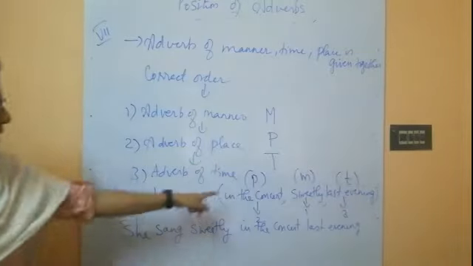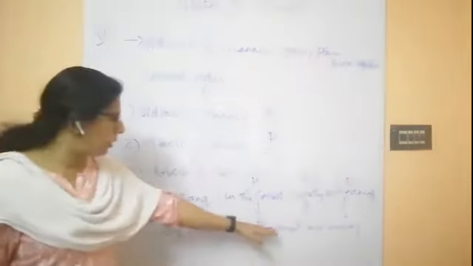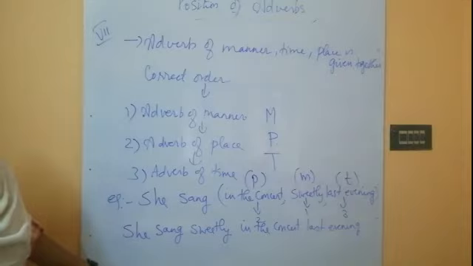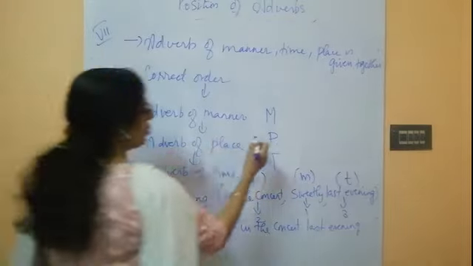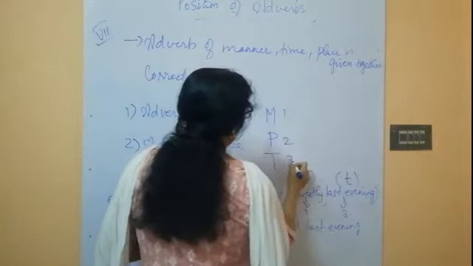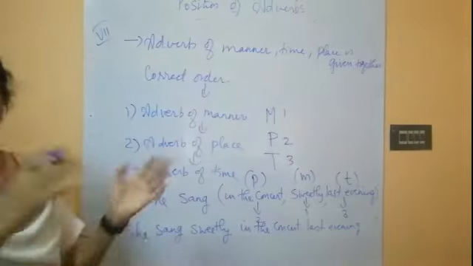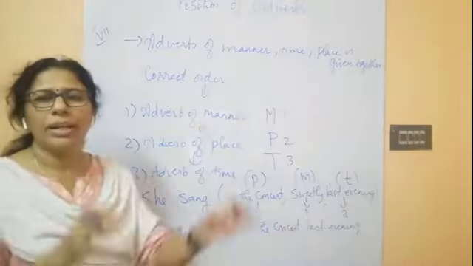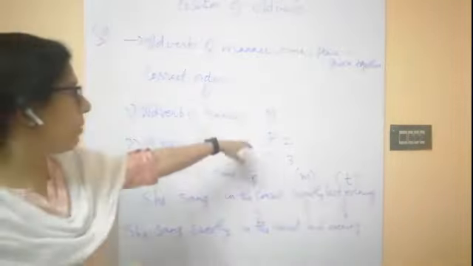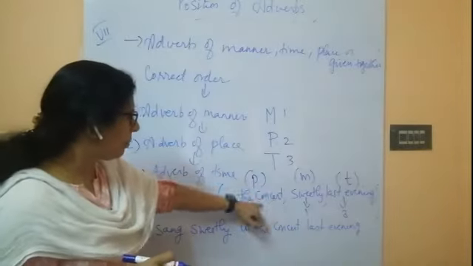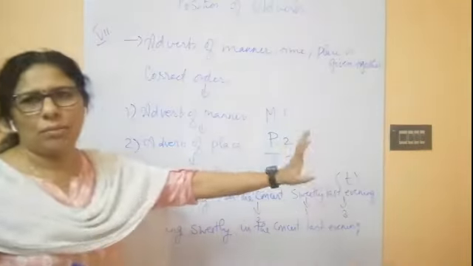Understood? So, in this order, you have to write the sentence. So, always remember the order should be MPT. If all the 3 are given, it is not MTP, it is MPT. First manner you have to write, then the place you have to write, then the time you should write.